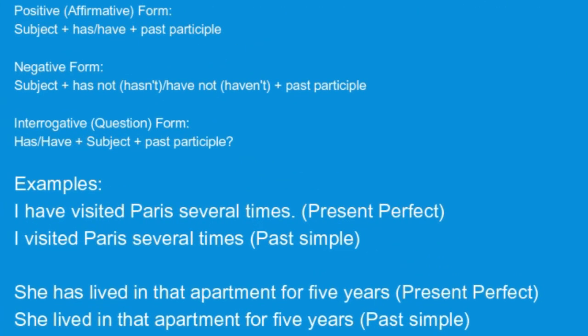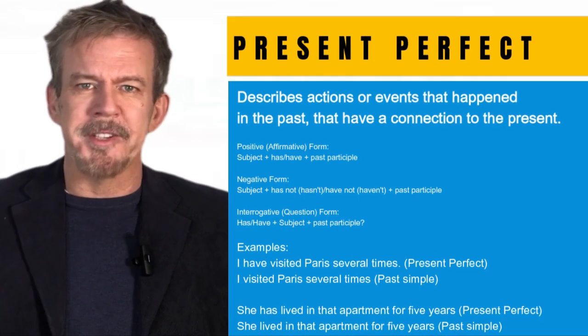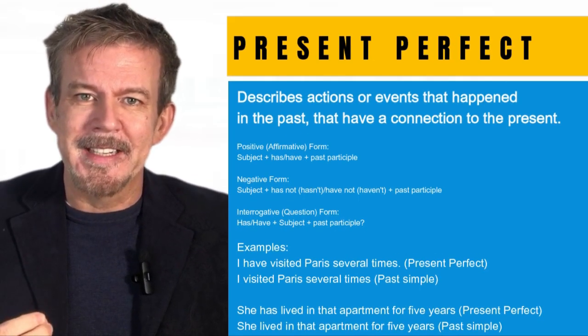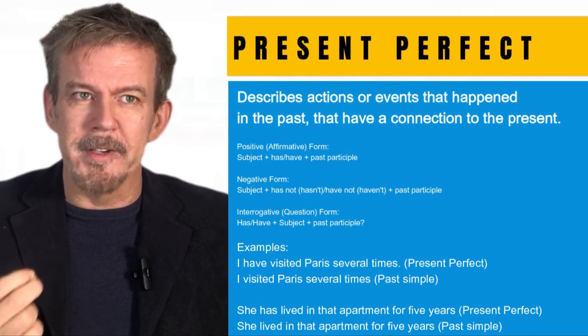Or she has lived in that apartment for 5 years. Now, this sentence suggests that she lived in the apartment for 5 years, but living in that apartment is ongoing. It's continuing. She's still living there. Compare that to she lived in that apartment for 5 years.